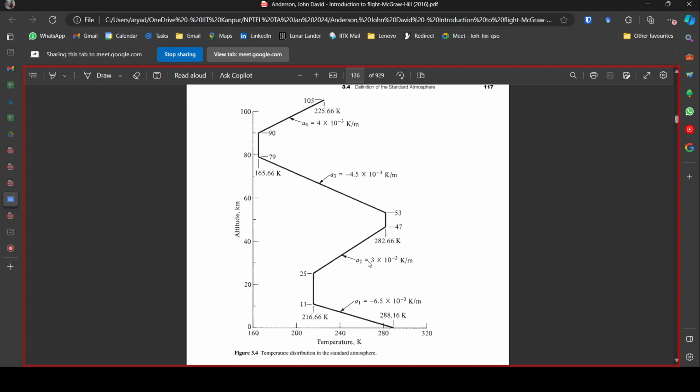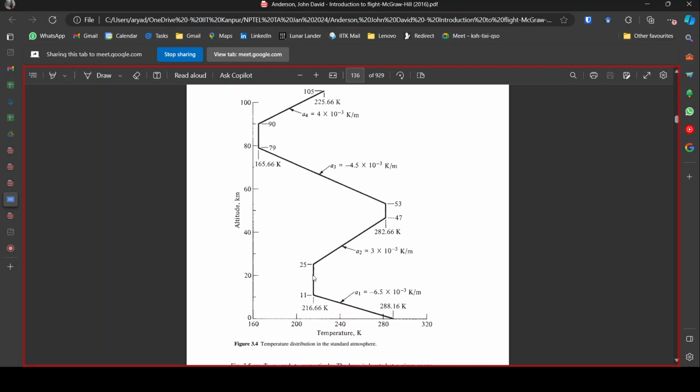As we are rising, there are isothermal layers. In the isothermal layers, the temperature is constant. From 11 to 25 kilometers is an isothermal layer. Then from 47 to 53 kilometers is another isothermal layer. Then you also have gradient layers, in which the temperature varies approximately linearly.